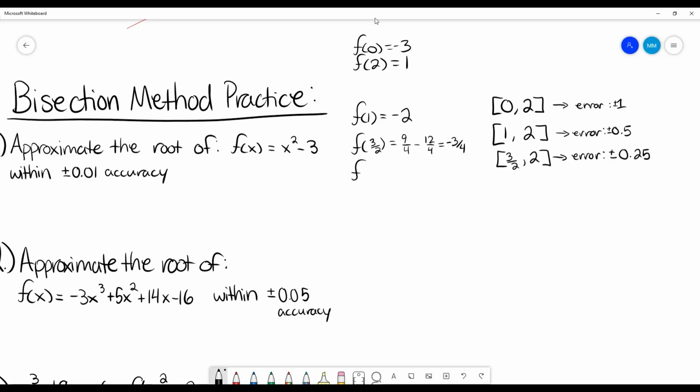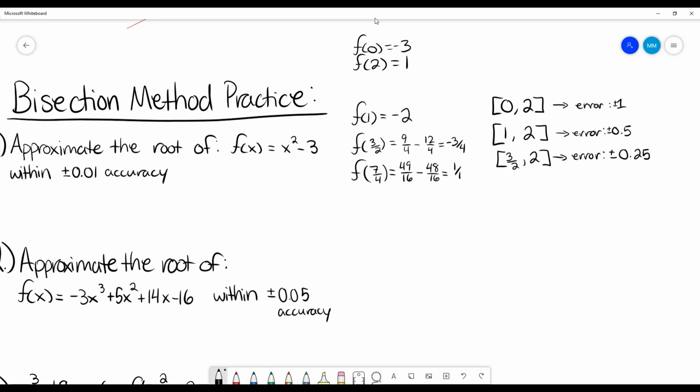And we just keep doing this until we're within the desired tolerance. We're not quite there yet, so we'll keep going. We cut this in half, so I have to add 1/4. That's going to be 7/4. That's going to be 49/16 minus 3. And 3 in terms of 16ths should be 48/16.